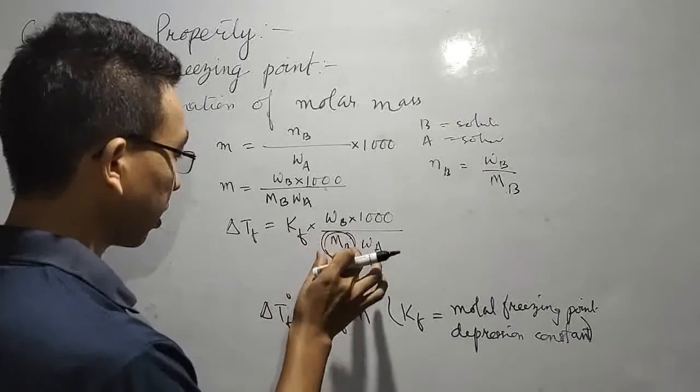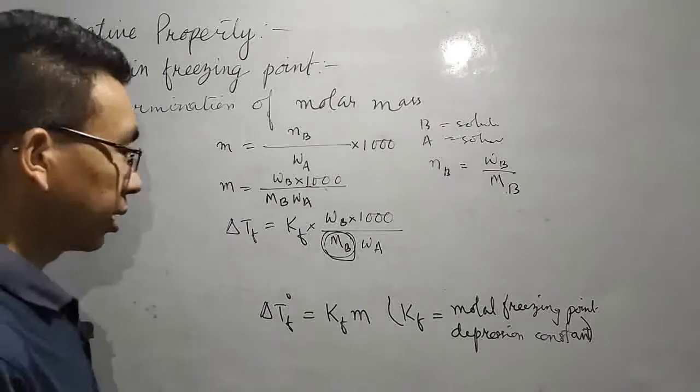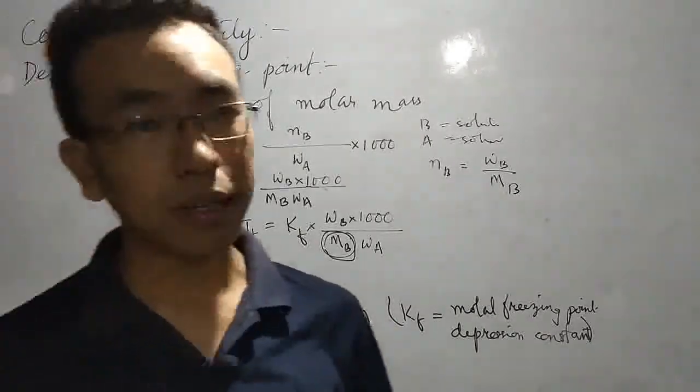With this equation we can find the molar mass of the solute. This is the expression for the depression in freezing point.